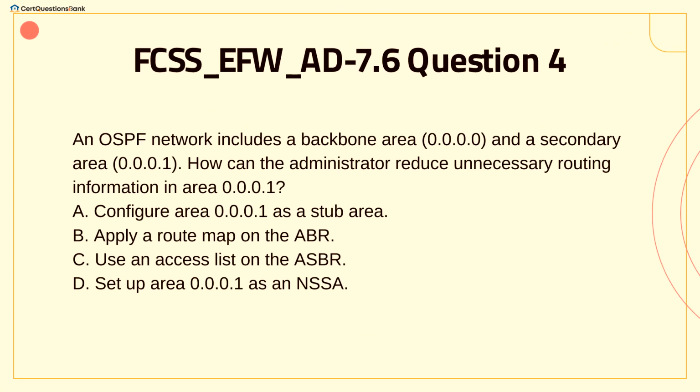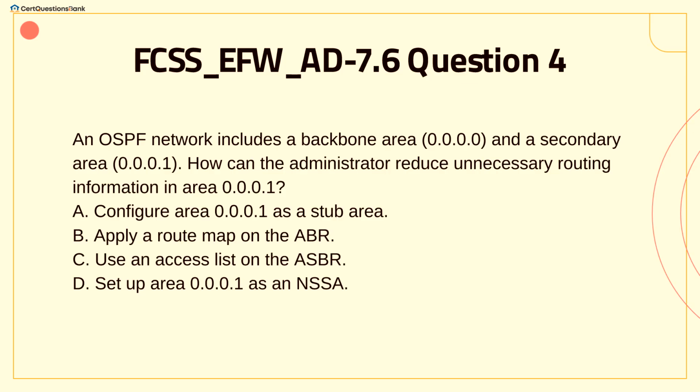An OSPF network includes a backbone area, 0.0.0.0, and a secondary area, 0.0.0.1. How can the administrator reduce unnecessary routing information in area 0.0.0.1?